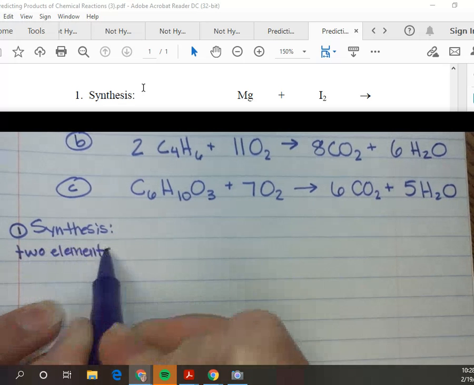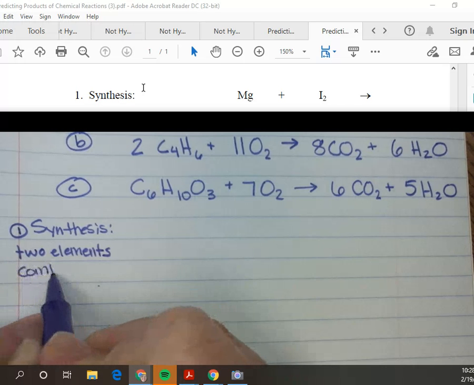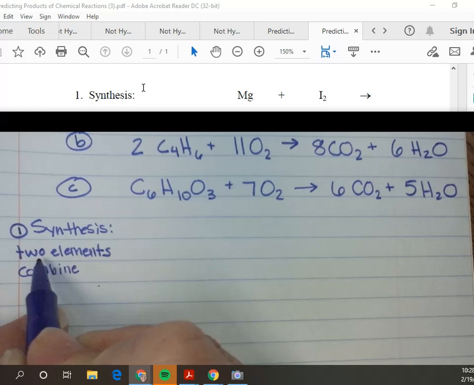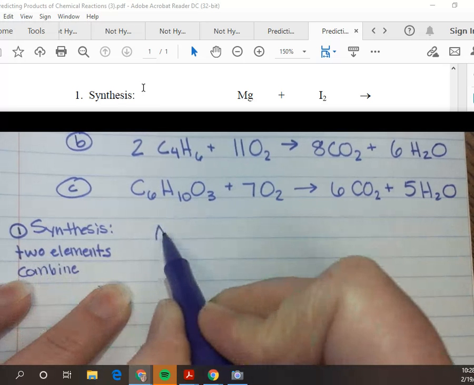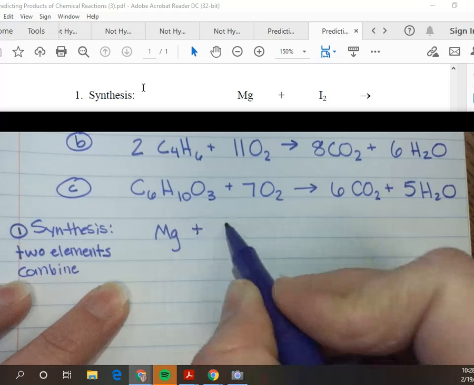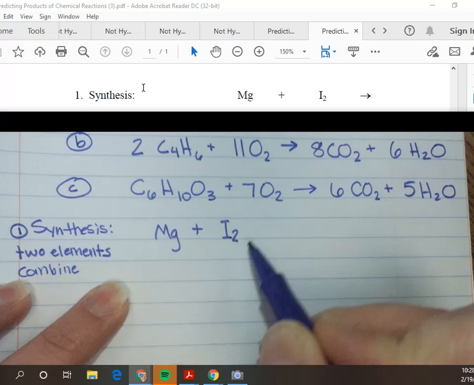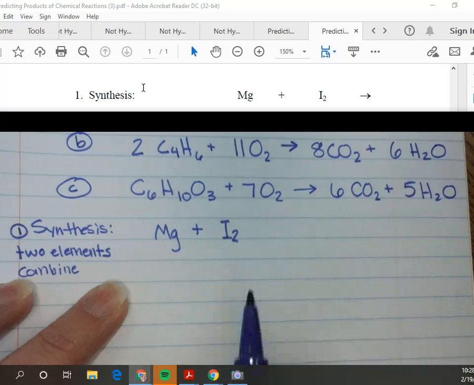So 2 single elements that combine. We start with 2 single elements. We're given magnesium and iodine. Now we know, we talked about the other day, iodine is a diatomic, so it can't exist by itself.